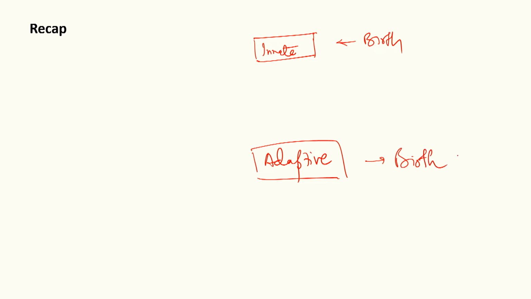So this is before birth, and this is after birth. Now these two immune systems which are prevalent in the human body define the criteria for how to eliminate the pathogens. Particularly in the adaptive system, we have two arms: the antibody mediated immunity and the cell mediated immunity. The antibody mediated immunity is what we have learned with the help of antibodies.